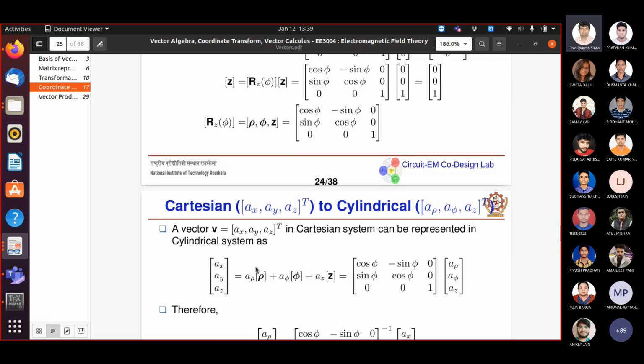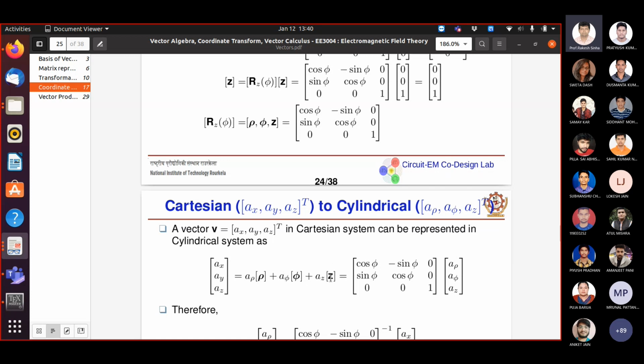What we can understand is that, let's say you have a vector in Cartesian coordinates, that is Ax, Ay, and Az. The meaning of this in the cylindrical representation is the same. You have the rho vector, and the strength in the rho direction is A rho. You have the phi vector, a unit vector, and the strength is A phi.